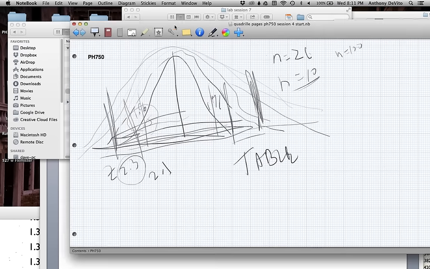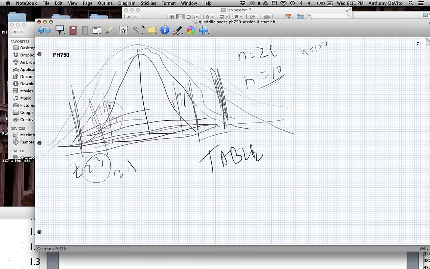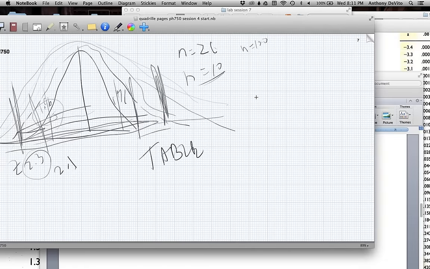If I don't know the population standard deviation and I want to calculate a confidence interval, it's going to be equal to X bar plus or minus the T score, for a 95% confidence interval, which is alpha over 2 equals 0.025, times the standard error.